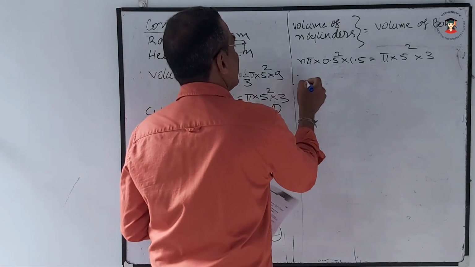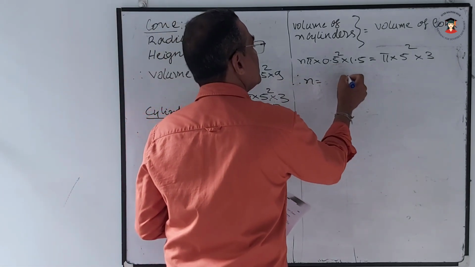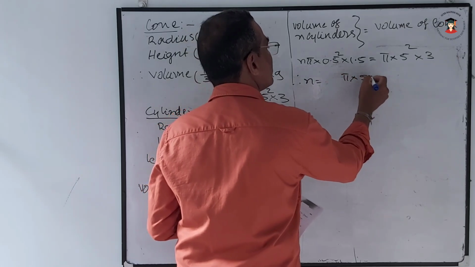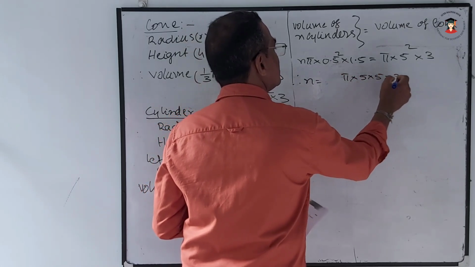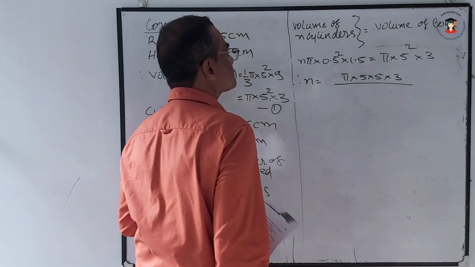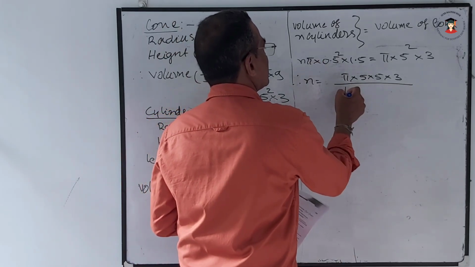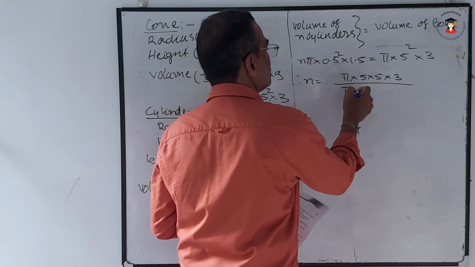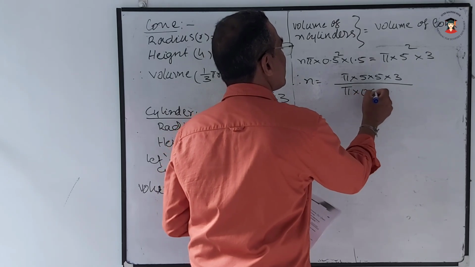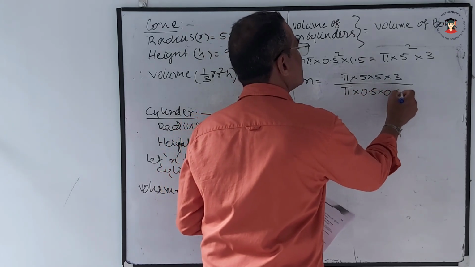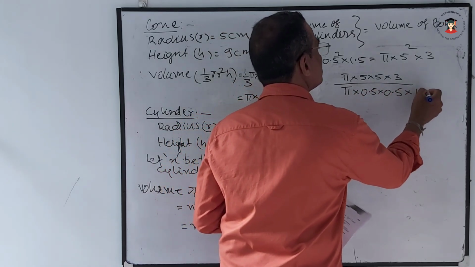Therefore, n will be equal to pi into 5 square, means 5 into 5 into 3, divided by, all other terms will come in the denominator, pi into 0.5 into 0.5 into 1.5.